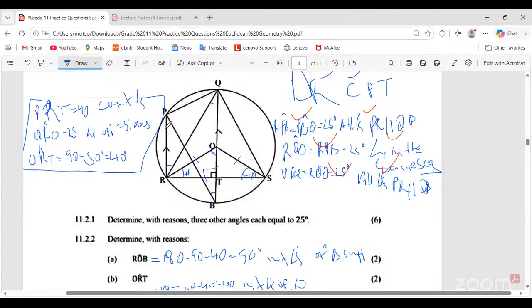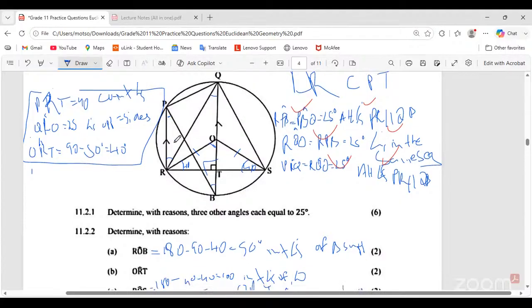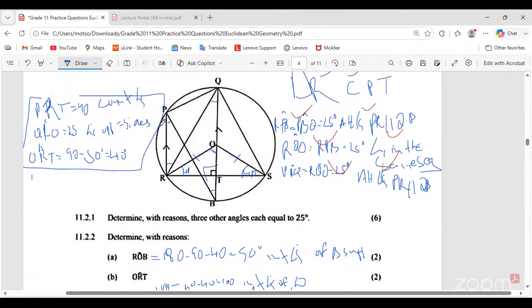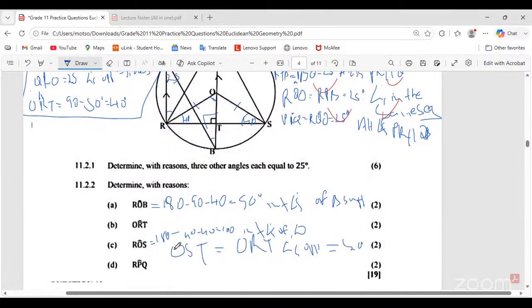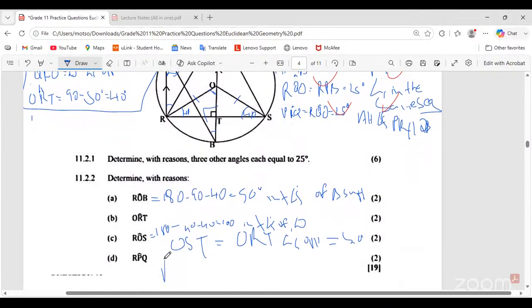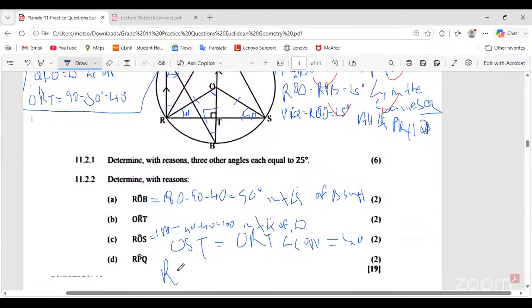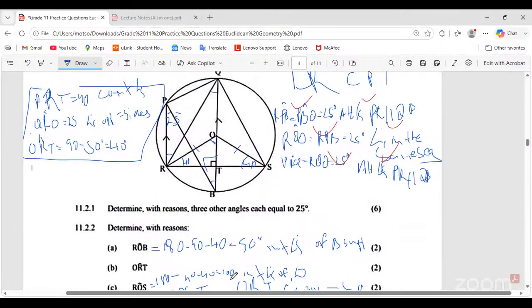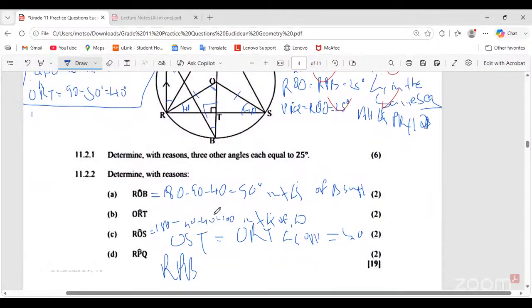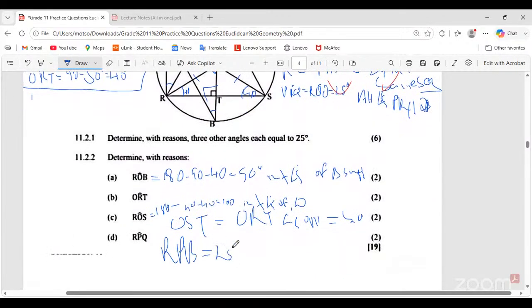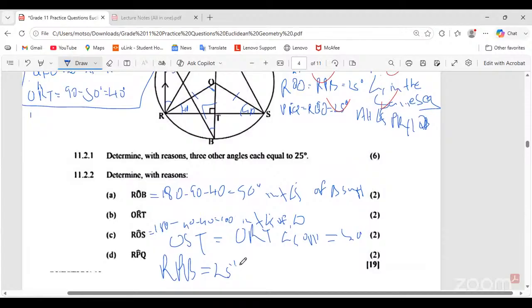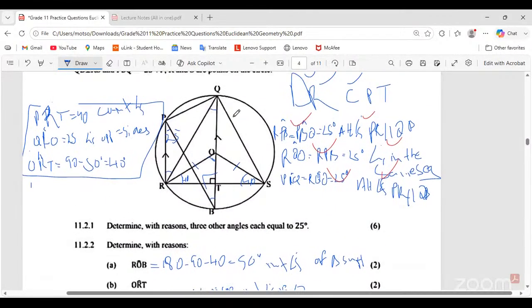Okay, we said this angle, we found it, we said that angle RPB is equal to that angle, meaning this is also equal to 25, right? You will say RPB, is it RPB? Yes, is equal to 25 degrees, is equal to that one, reason being angles in the same segment, right?